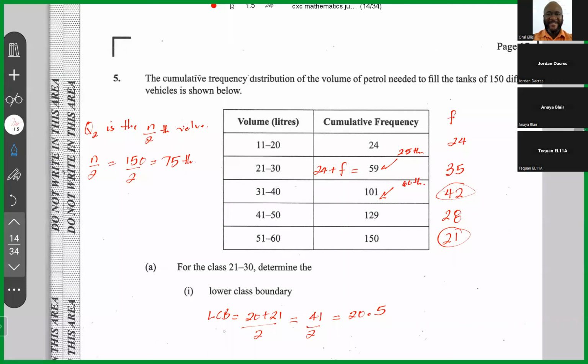Remember, the median is the amount of petrol that vehicle number 75 needs. Now, vehicle number 60 to vehicle number 101 needs 31 to 40 liters. So vehicle number 75 is within that range.